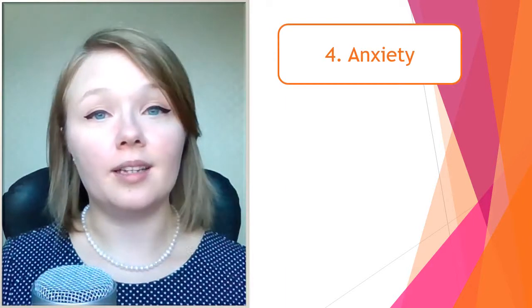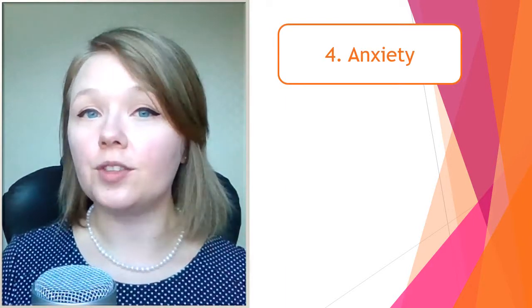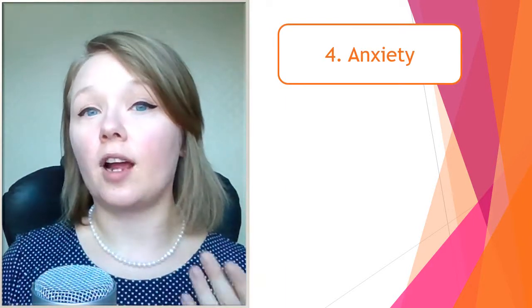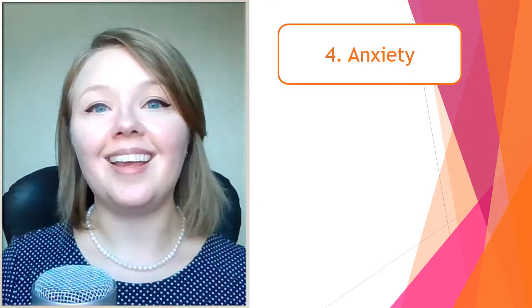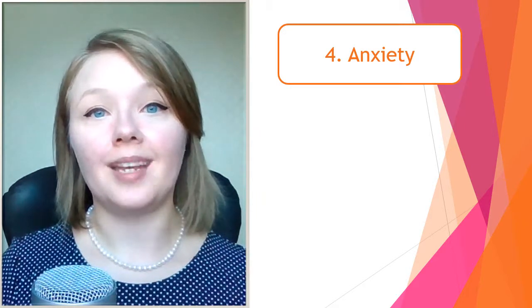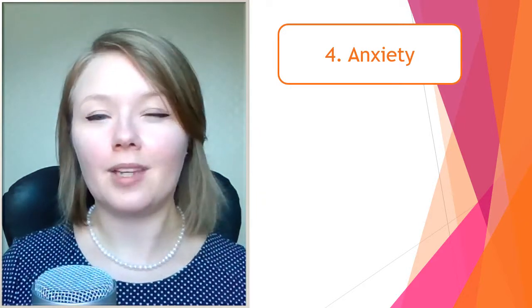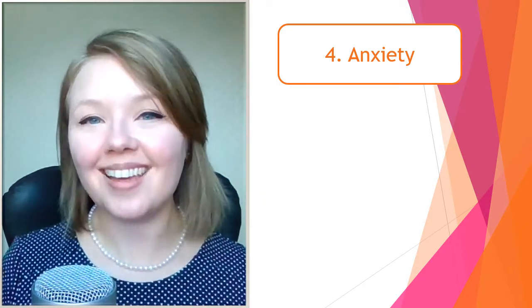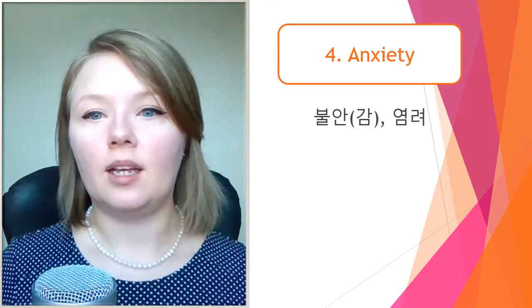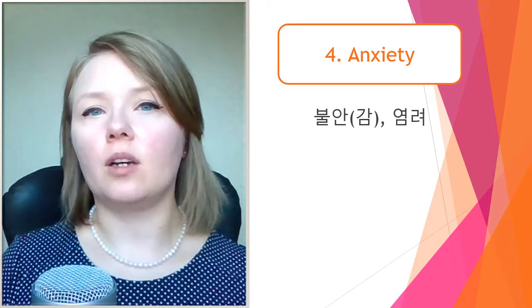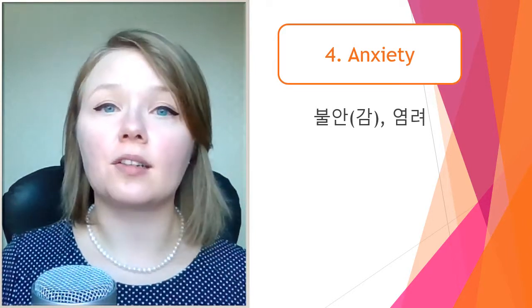Number 4 is a word that is very useful to know and can help to describe our feeling about something. This word is anxiety. Anxiety. It almost sounds like a G in there. Anxiety. Anxiety is a feeling of worry and stress.